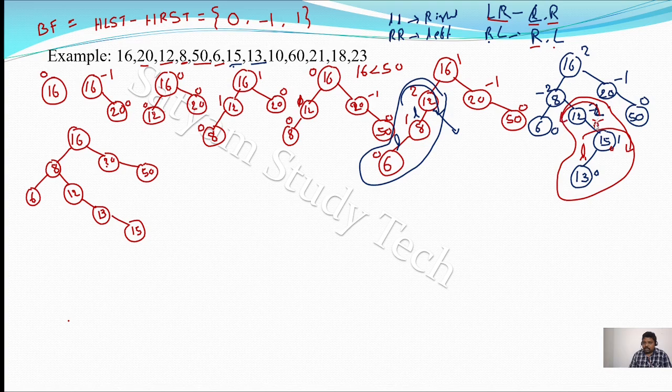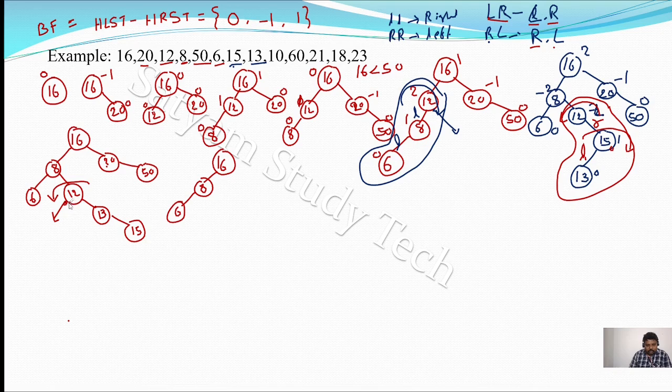So here you can see the right, so we have to perform a left rotation. How can we perform the left rotation? Just tag the thread here, pull down in the left direction, so that the tree is converted. Here you can see it is 8 and it is 6.